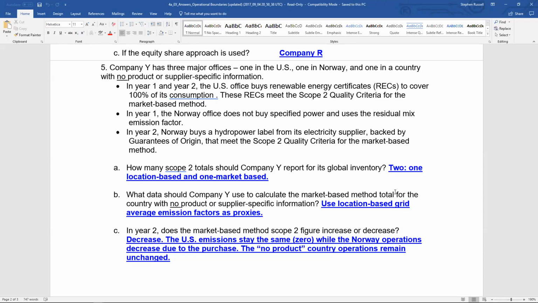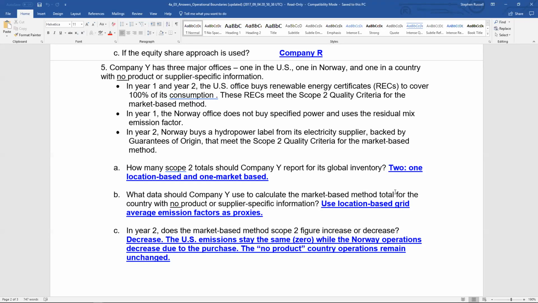So to come up with a residual mix emission factor, you take the grid average emission factor and you subtract the emissions profiles of those differentiated electricity products that have been purchased and claimed by some other organizations. And you do that to prevent the double counting of those emissions benefits. Those kinds of residual mix emission factors aren't available for all countries.